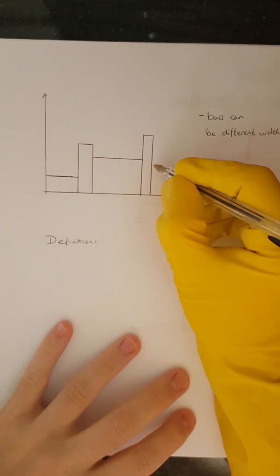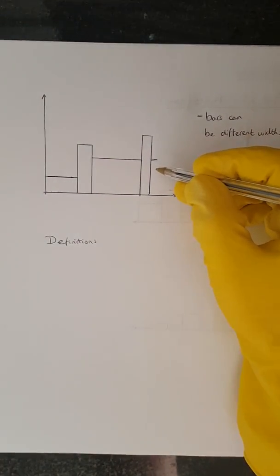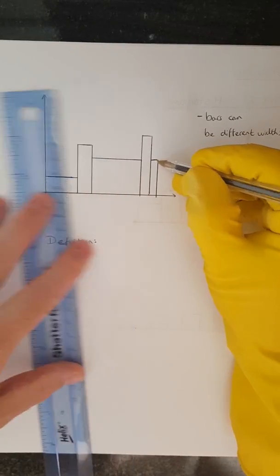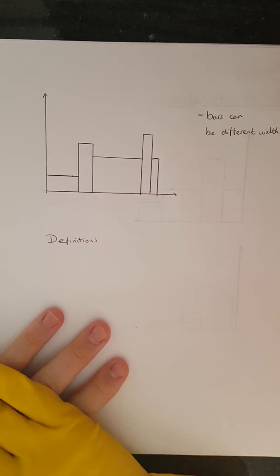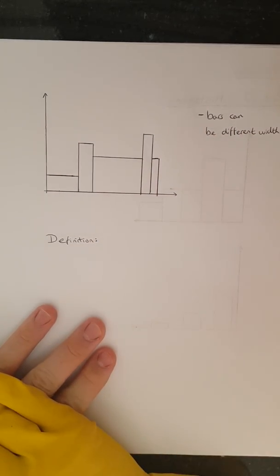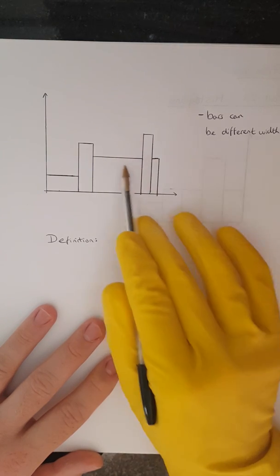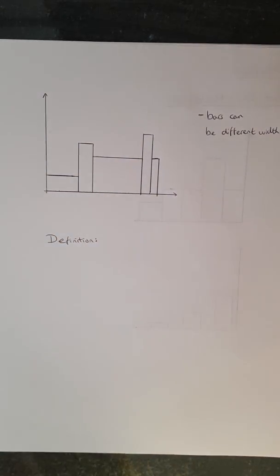Let's imagine I'm going to draw an additional bar on the end of my histogram. Here it is. Now, if we think of a histogram like a bar chart, we would say this has the same height as this, so they must have the same frequency.